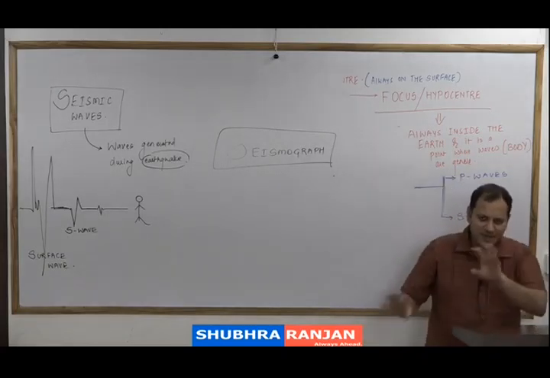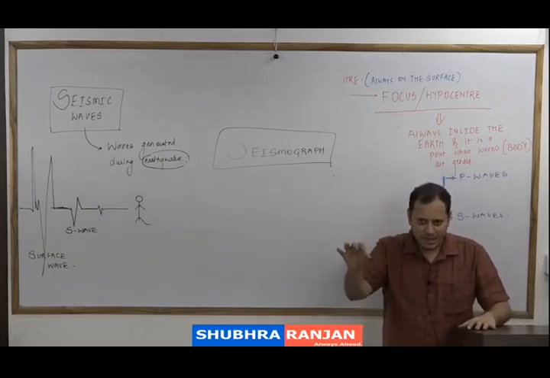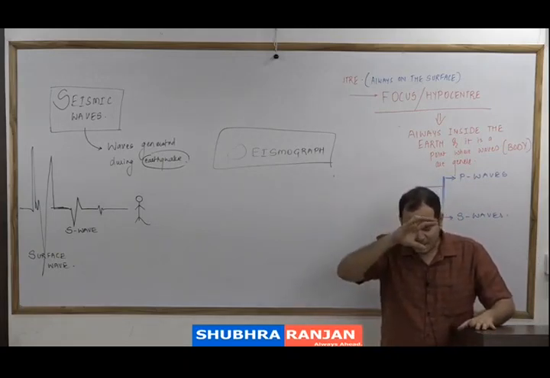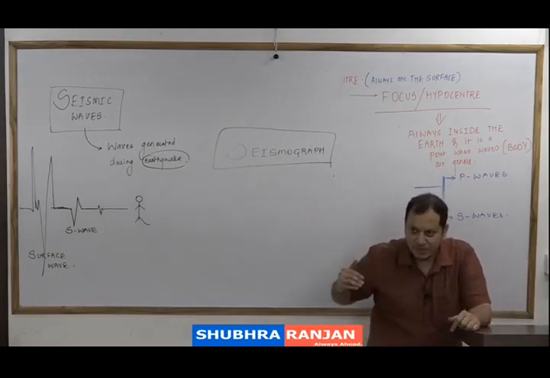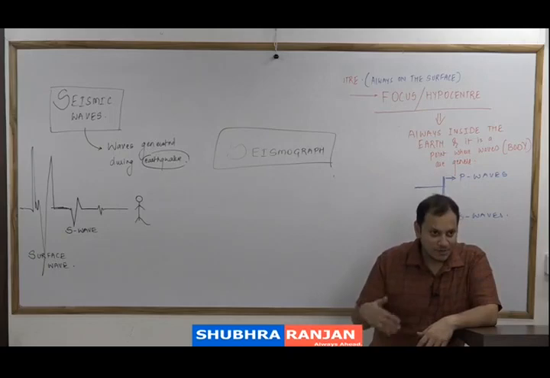So there has been one prelims question also: iron, wood, air, water. Arrange the speed of a sound wave in decreasing order of velocity. सबसे ज़्यादा किस में? Iron में, उसके बाद wood में, उसके बाद water में और उसके बाद air में. So this is how the sound waves will travel.